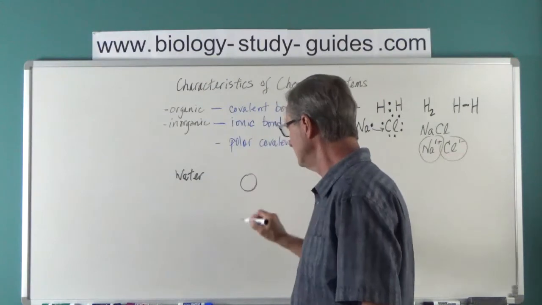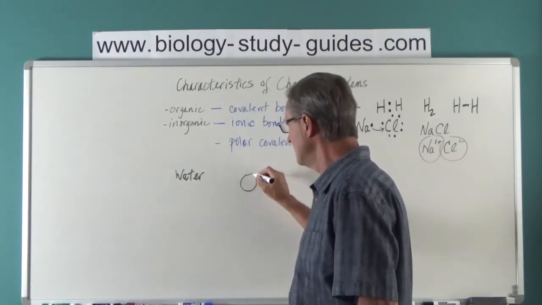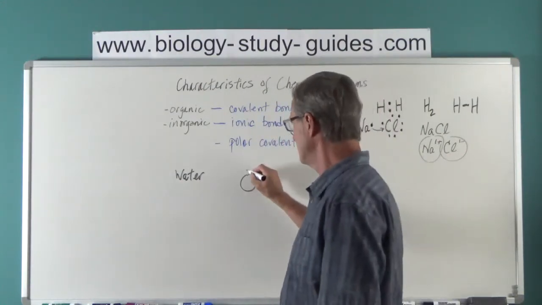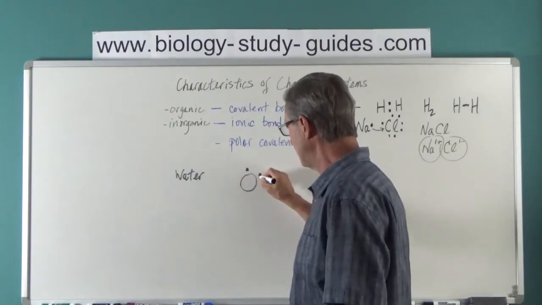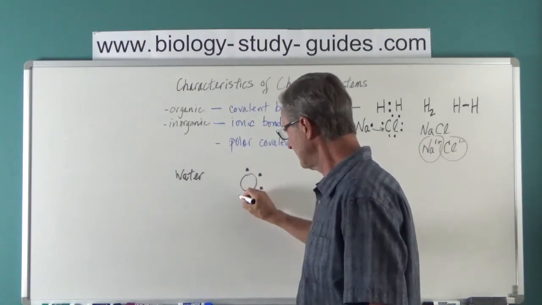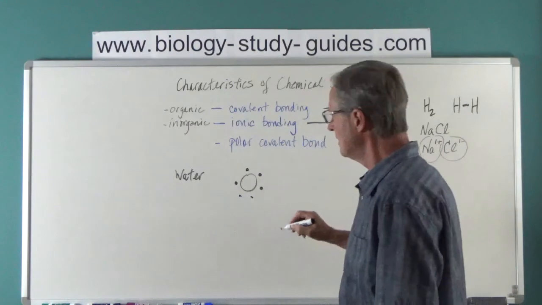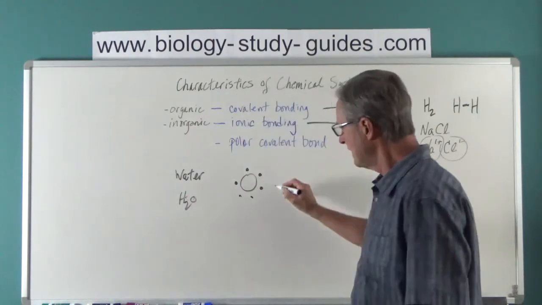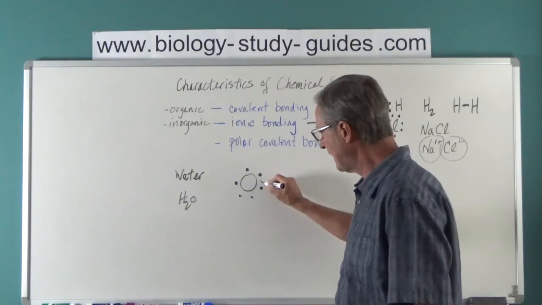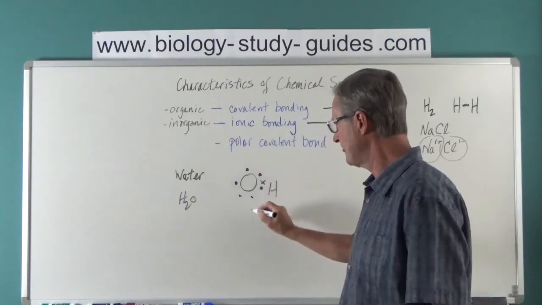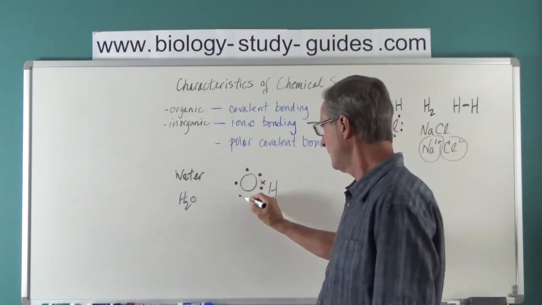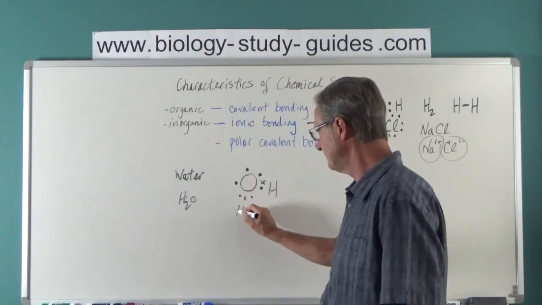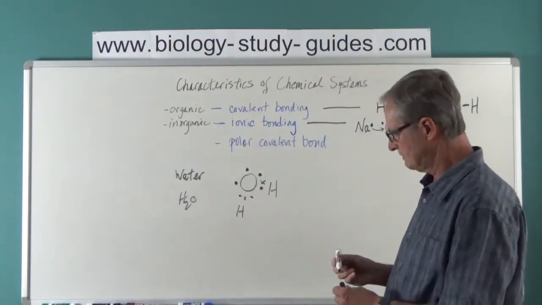Here's oxygen. Oxygen has 6 electrons in its valence shell. Water is H2O, of course. Hydrogen, I'll put X's for hydrogen. That's its electron there. And I'll put another one here. That's its electron.